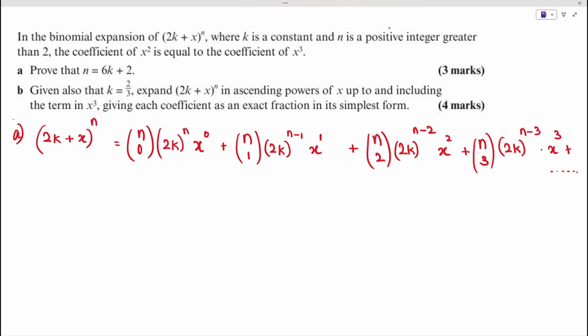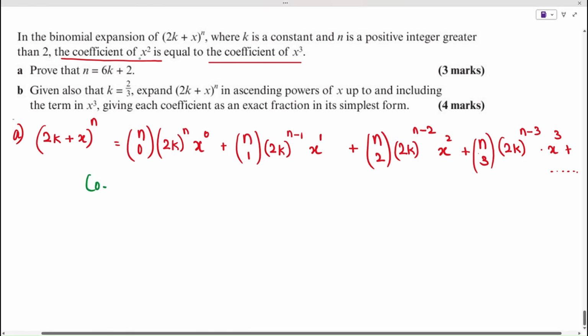So let's isolate those two. We know that the coefficient of x cubed is equal to the coefficient of x squared. So that's everything excluding the x squared and the x cubed.